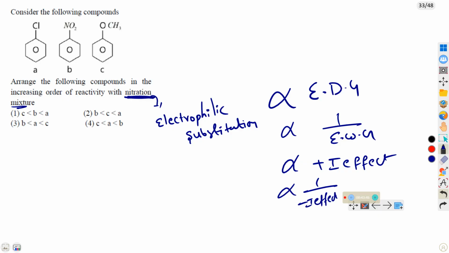Identify the groups. OCH3 is an electron donating group with a strong resonance effect. NO2 is an electron withdrawing group, −R and −I. Chlorine is +R, −I. This is +R, +I, so C is highest and B lowest: B < A < C.